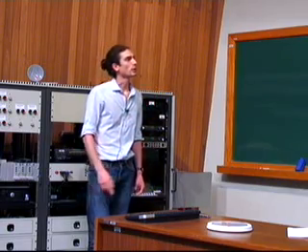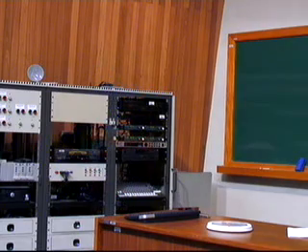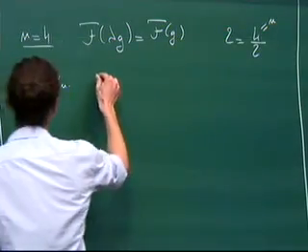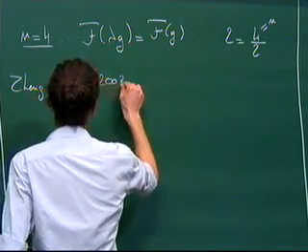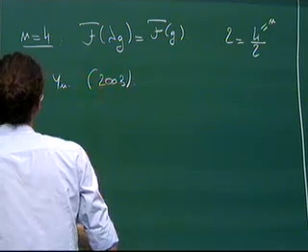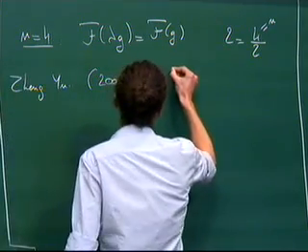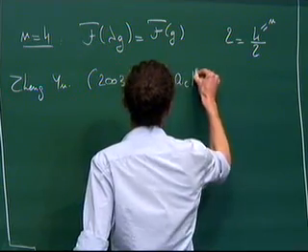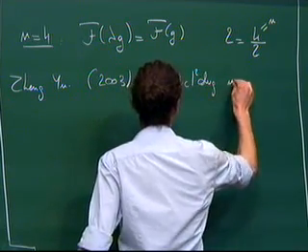The study of such flows begins with an article by Zheng Liu, I think in 2003. It was for the gradient flow of the Ricci curvature in dimension 3.